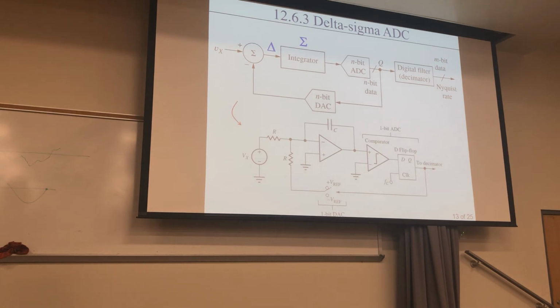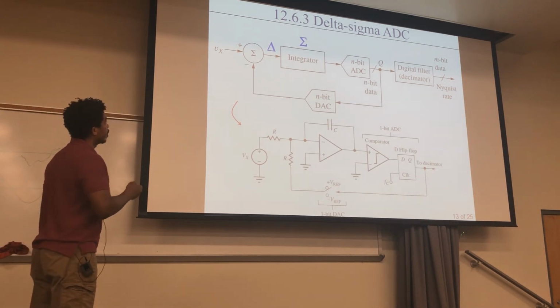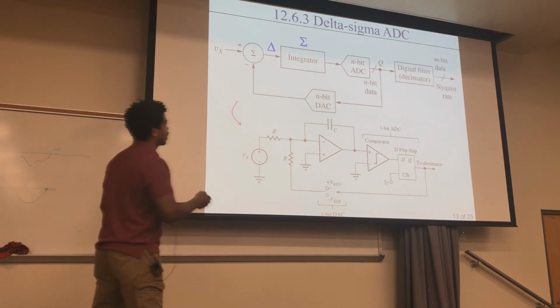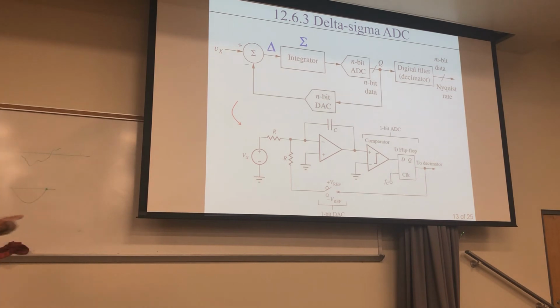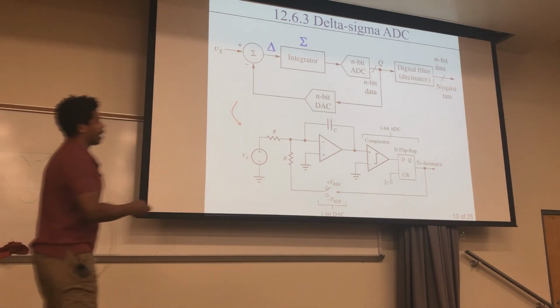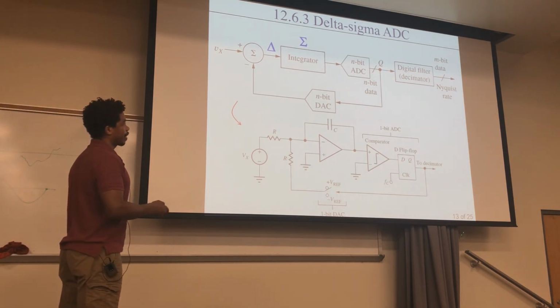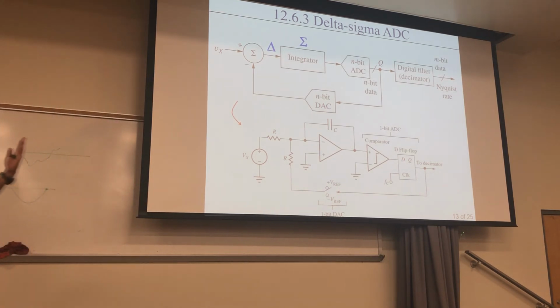So this is what it looks like if you wanted to see what the components are. Here's the integrator. Here's the comparator part right here. It has this D flip-flop. The reason they have the D flip-flop is that you have this clock rate right here, and this flip-flop will change only on the rising edge of the clock, right?